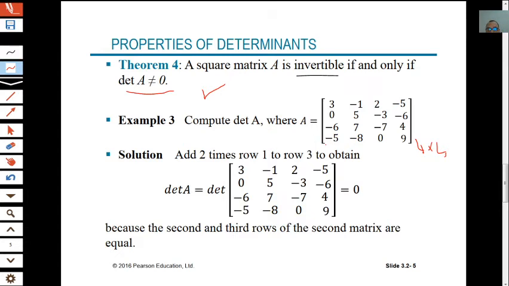Okay. So when we look at the first row, first column, -5 is not good for the number 3, and we have 0 here.